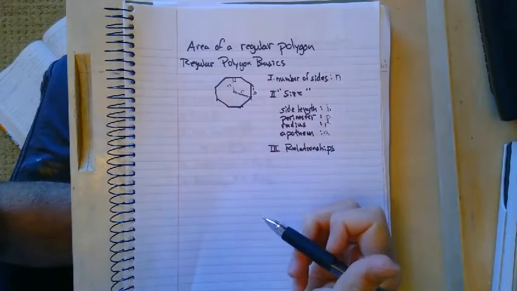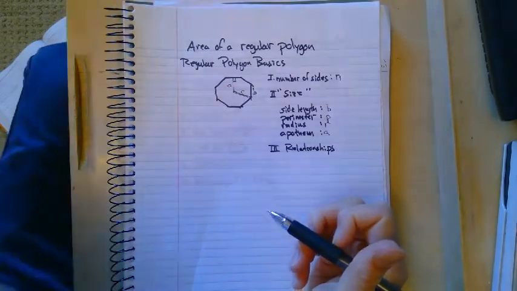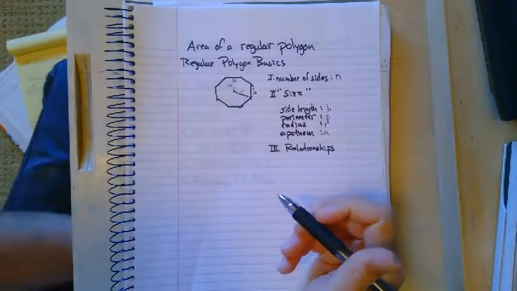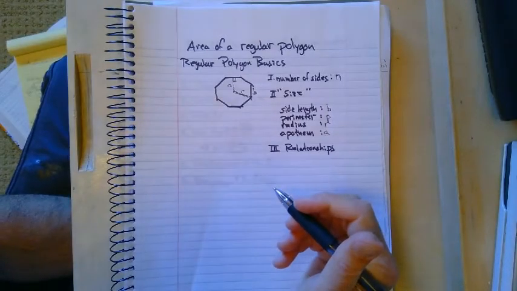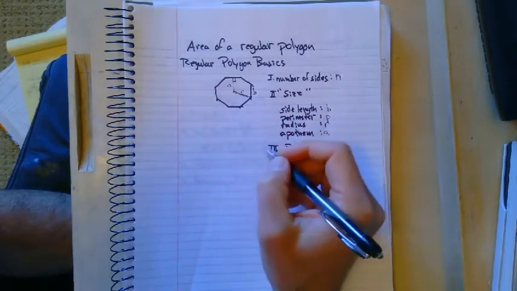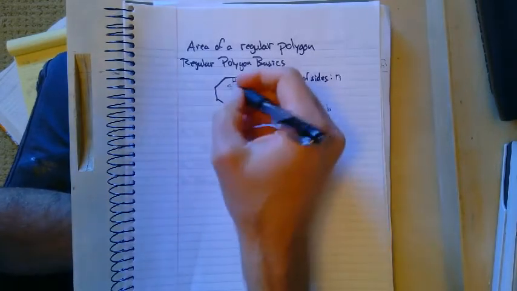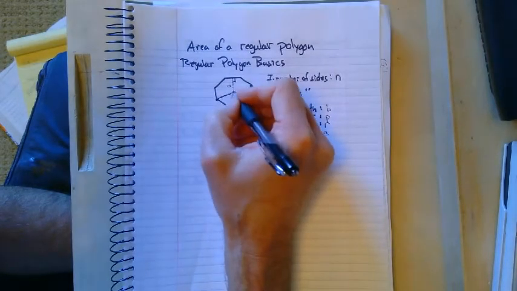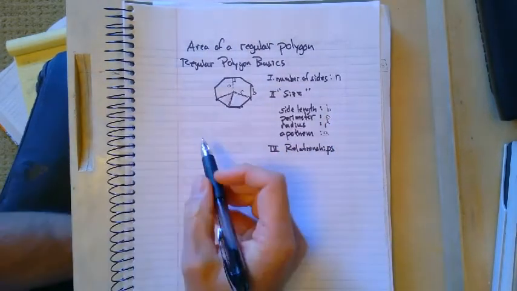Now, some key relationships that we can get out of what's going on here. The key to finding the area of a regular polygon is to build one triangle inside of this.